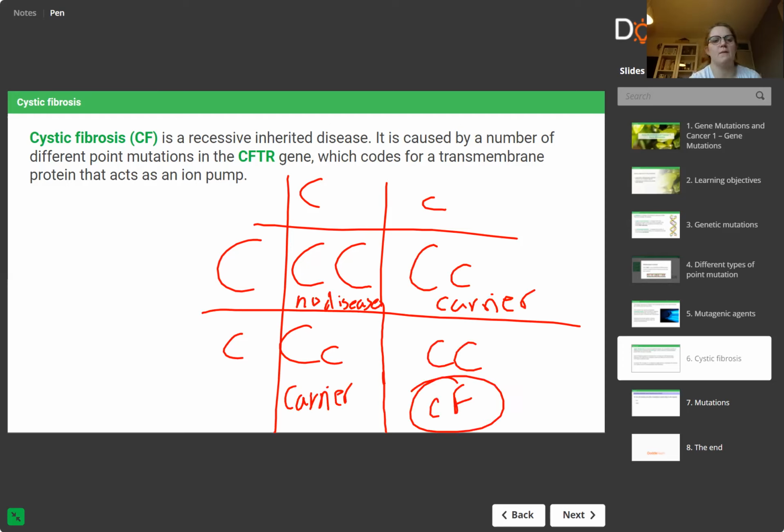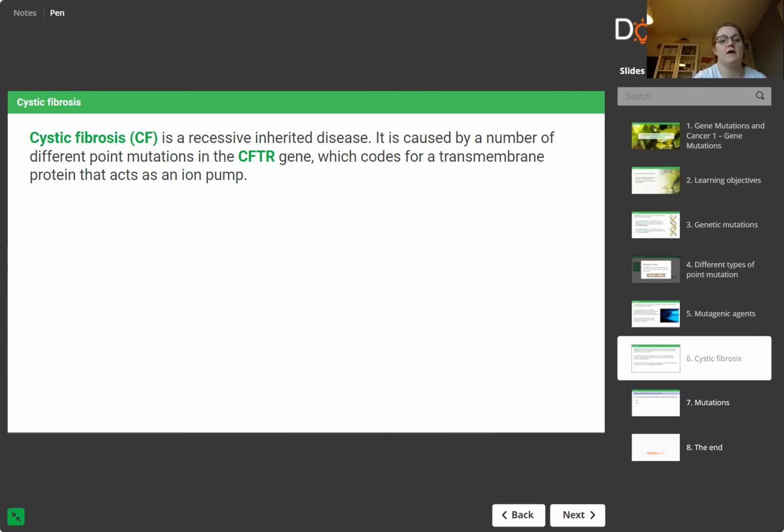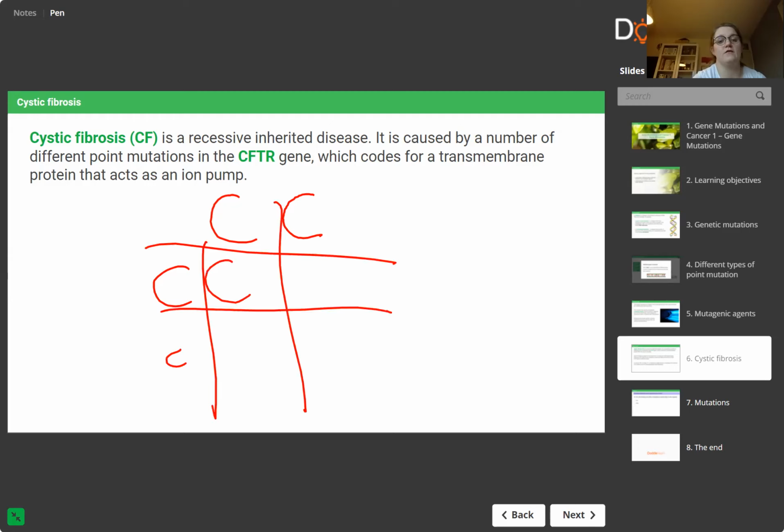Obviously, if you had a parent who had cystic fibrosis, but a parent who didn't have it and didn't carry it, you would always be a carrier, but you wouldn't ever be a sufferer. If you had a parent who had cystic fibrosis and a parent who was a carrier, you would have a 50-50 chance of getting the disease, and you would also always be a carrier.